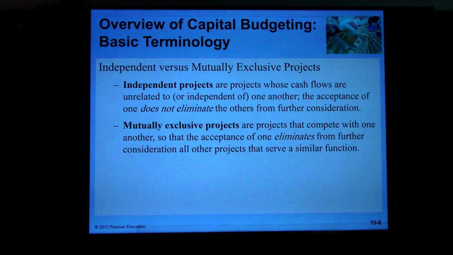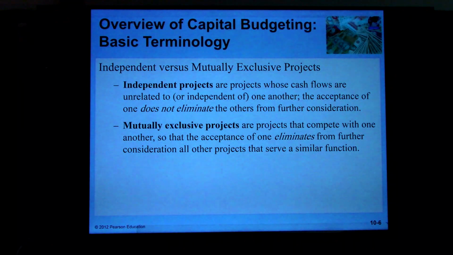Number 2, it's mutually exclusive projects. What is an independent project? Independent projects are projects whose cash flows are unrelated to one another. This means that the acceptance of one doesn't eliminate the others from further consideration.